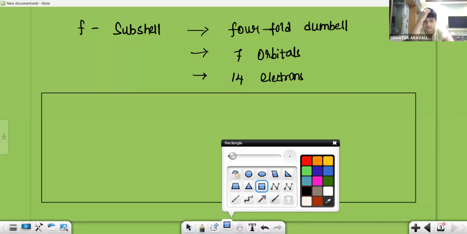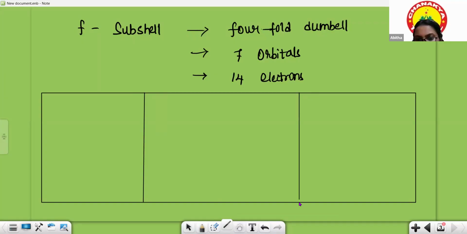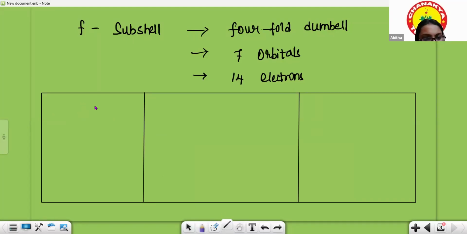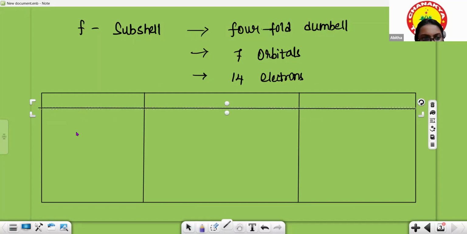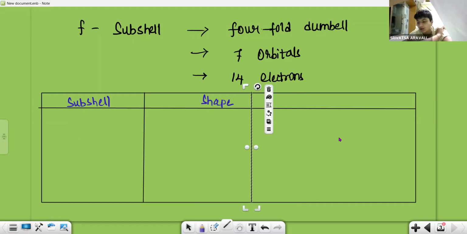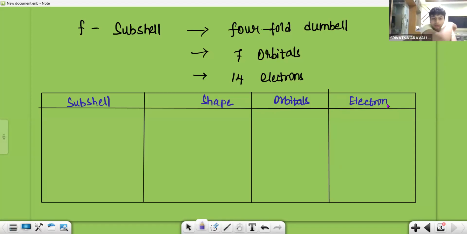So here we can make a final table overall, with subshell, shape, orbitals, and electrons.